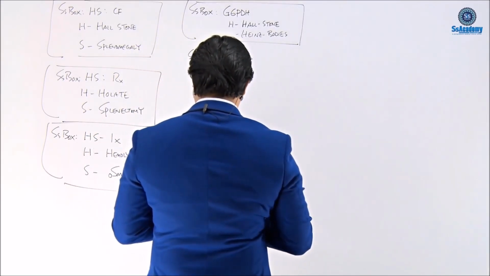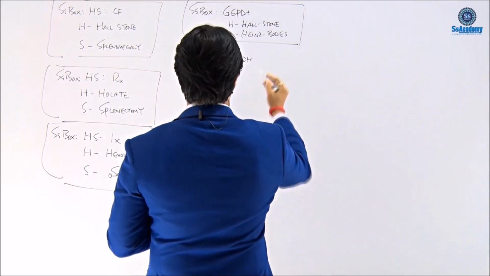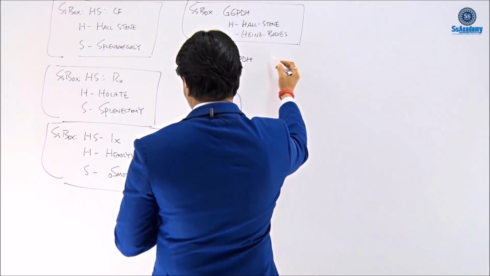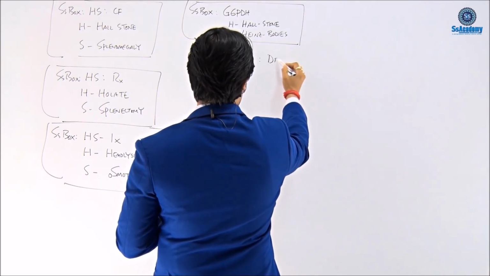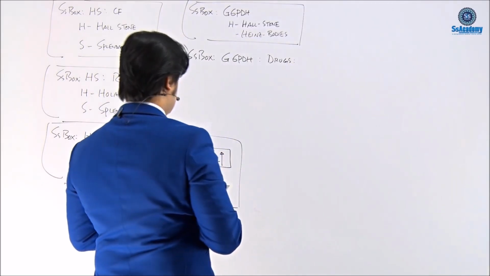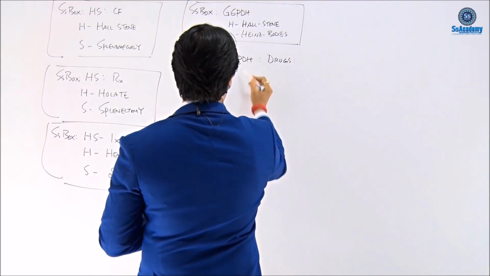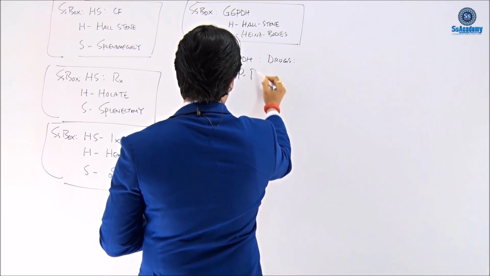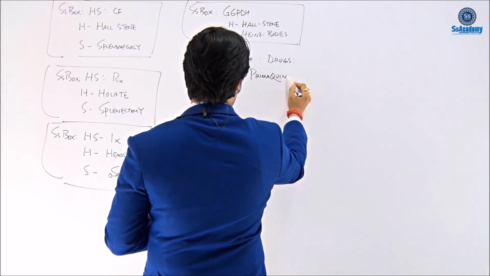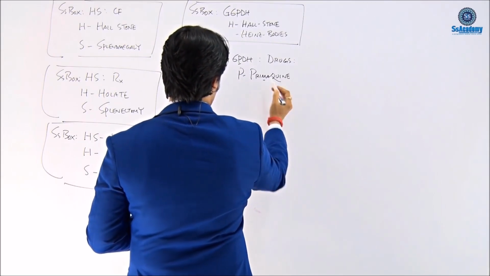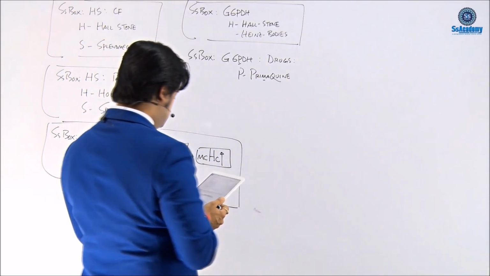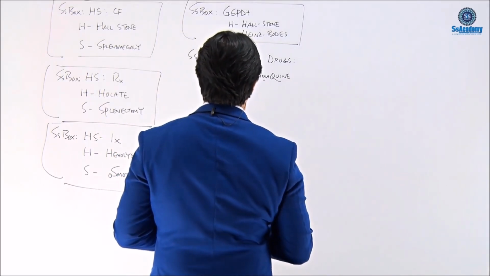We learned that in G6PD deficiency, the drugs are... we need to remember the P for primaquine. Remember, as I said, primaquine we need to remember.